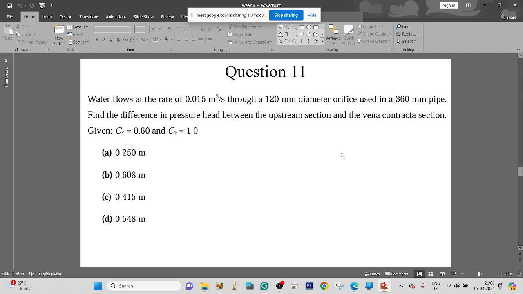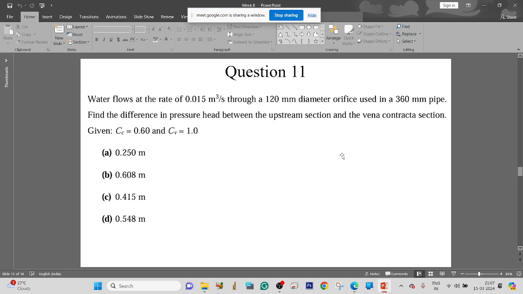Now for question number 11, first the volumetric flow rate: we already know that Q is equal to C root over delta P upon rho G. So C here is CV CC A naught into root 2 G upon 1 minus CC square A naught square upon A1 square.